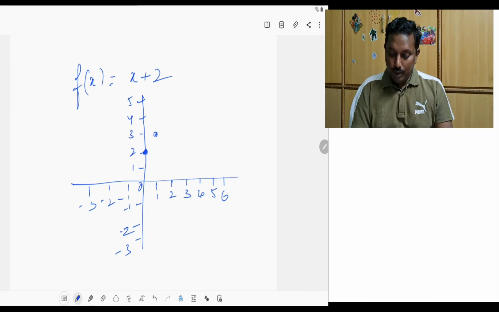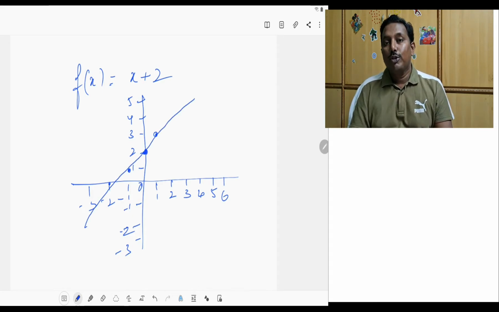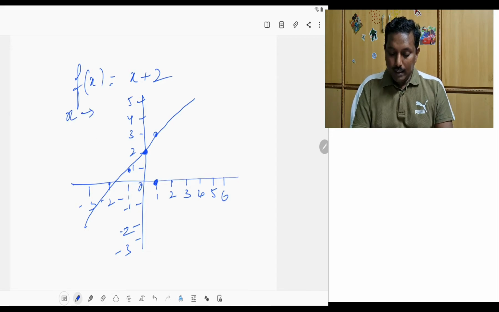For 1, it would be 3. For minus 1, it should be 1. For minus 2, so the graph goes like this.